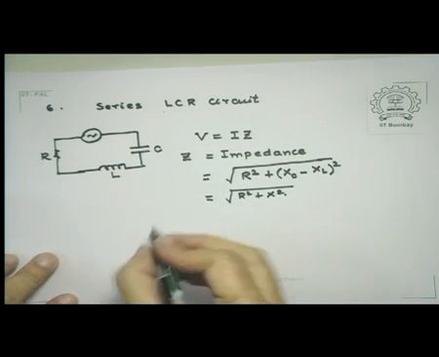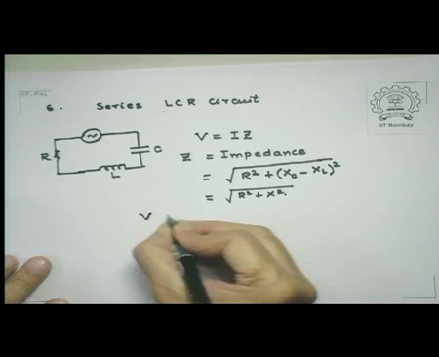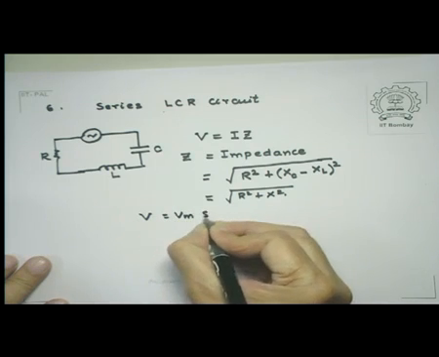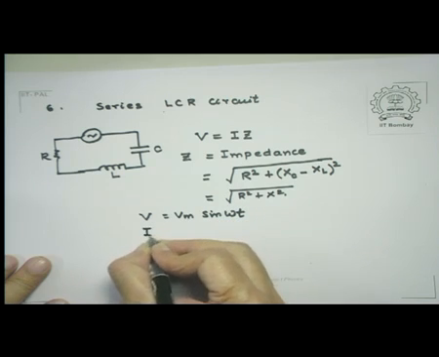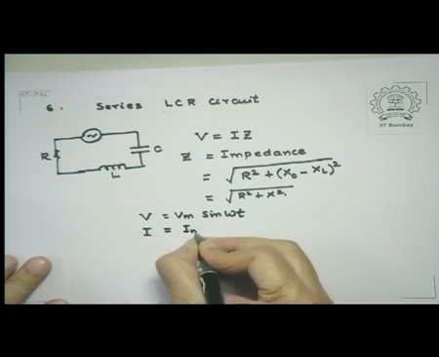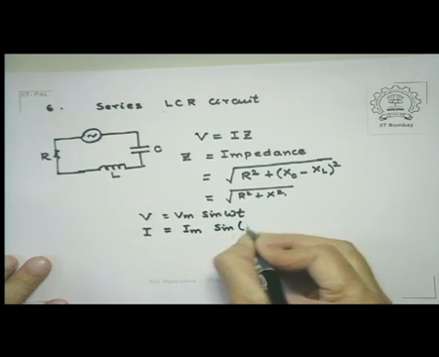In this case, if I again take V is equal to Vm sin omega t, the general expression for the current would be Im sin of (omega t plus phi).